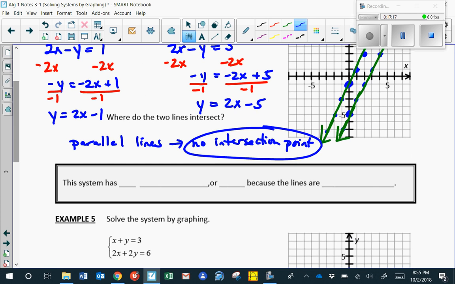So what does that mean about the solution to this system of equations? This system has no solution, which we sometimes write with a symbol for the empty set because the lines are parallel. No intersection point means no solution.